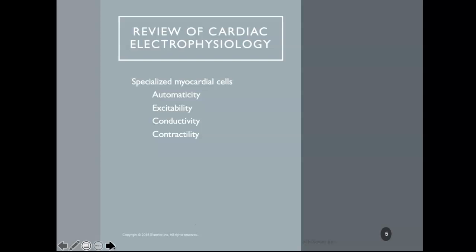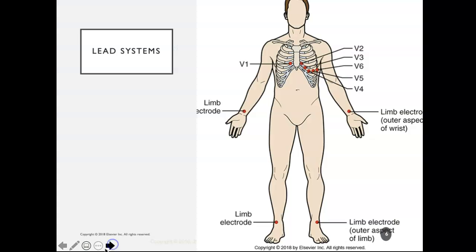Excitability is how excitable they are, if they fire a lot more frequently. Conductivity is how well it conducts, and contractility is how well the muscle will respond to that electrical impulse and actually contract, causing those fibers to shorten. The terms are located on page 665.